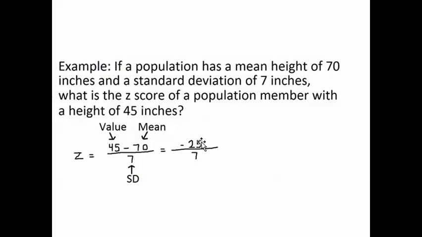So negative 25 divided by 7 is negative 3.6. So the person's z-score is negative 3.6. So we've subtracted on top first, and then we divided by 7 on the bottom. 45 minus 70 was negative 25, and then negative 25 divided by 7 was negative 3.6.